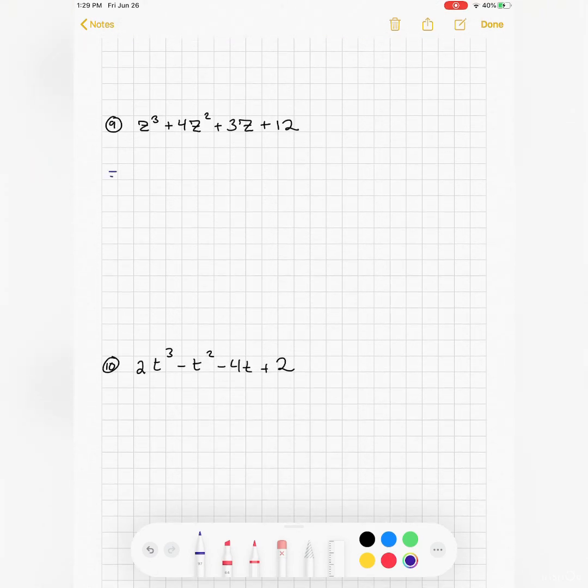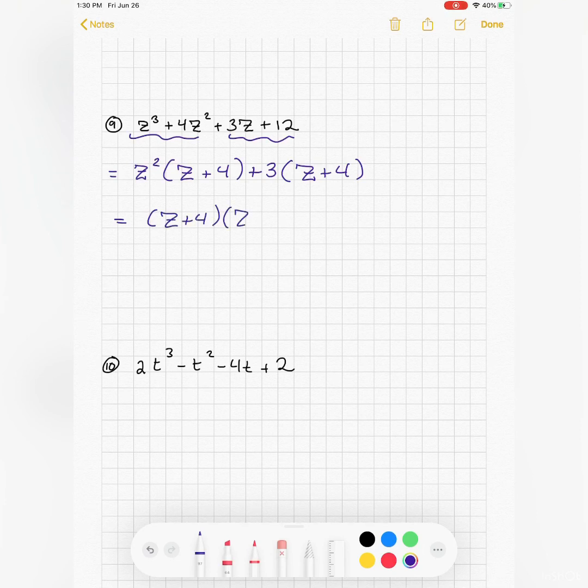So instead, I would try grouping the first pair and the second pair. So from the first group, I can take out a z squared, leaving me a z plus 4. Second group, I can take out a 3. Then I can take that z plus 4 out of the whole expression.